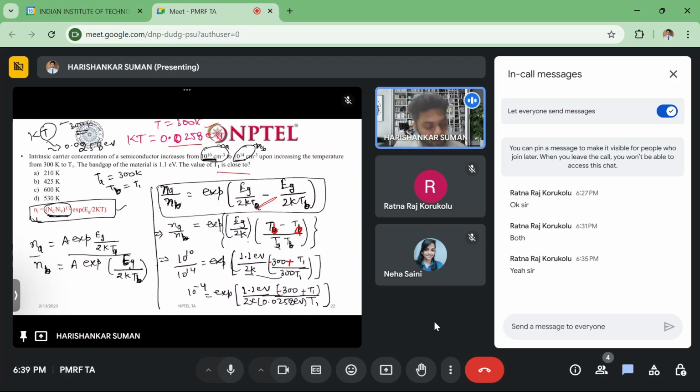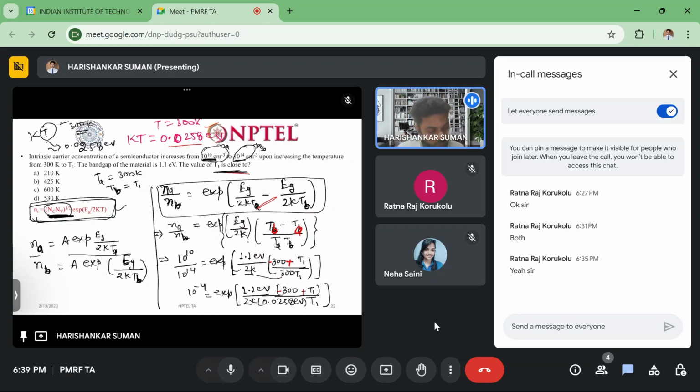The band gap is given. So what is T1? This is the formula: in red you can see ni equals square root of NC NV times exponential of minus Eg by 2kT. So this is constant for the semiconductor.